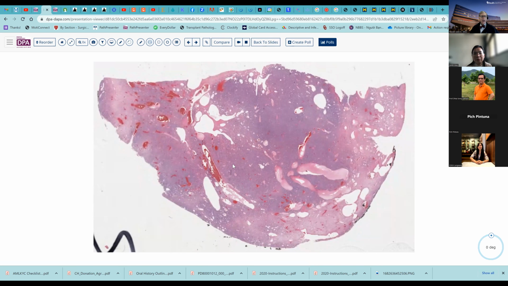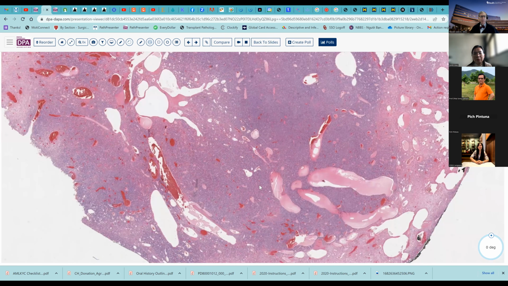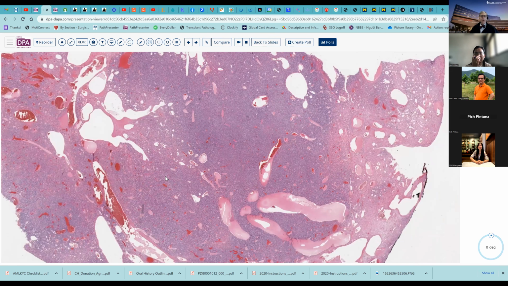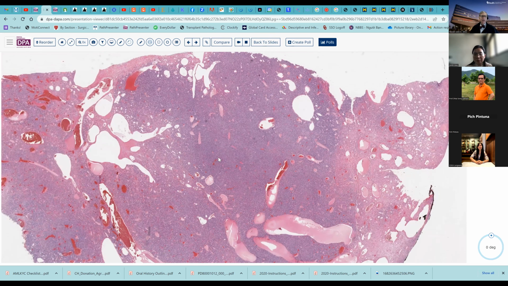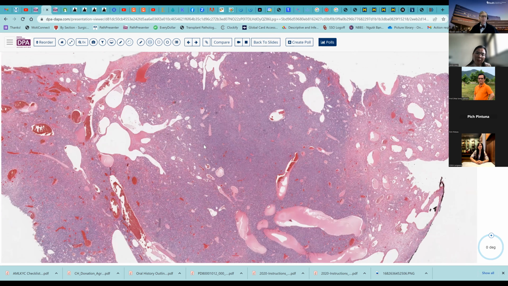So here's an example, and I don't remember where this one is from, but there's a variety of morphologies that we can see with this tumor.